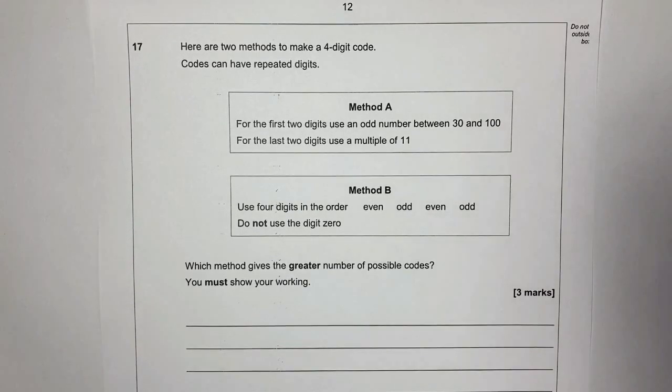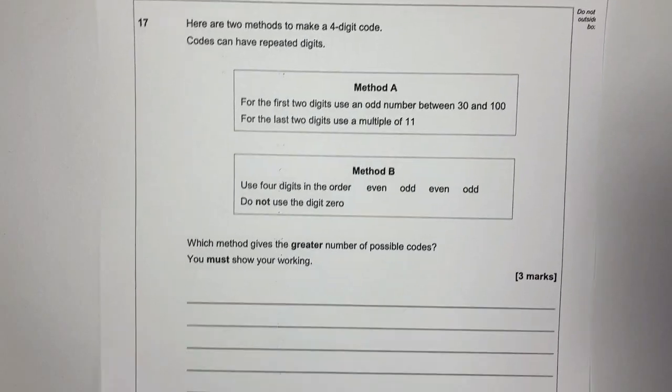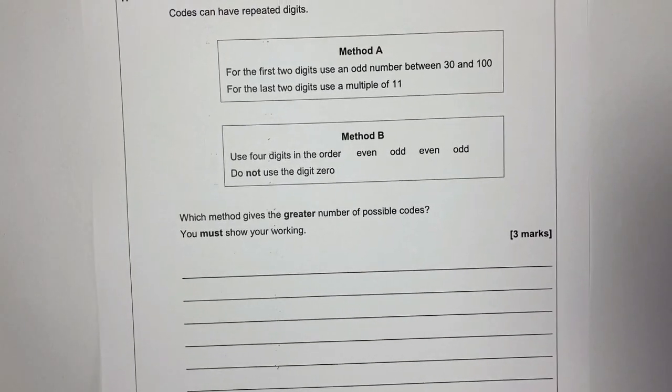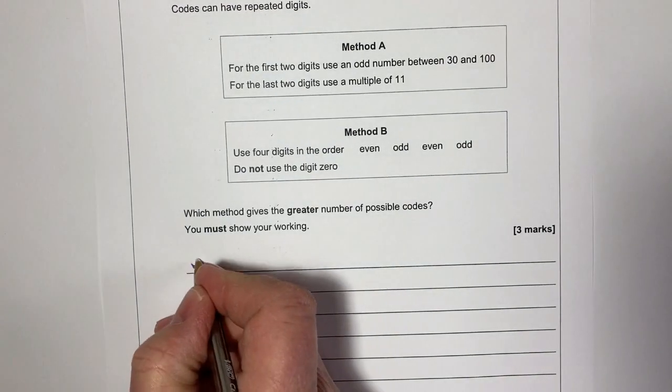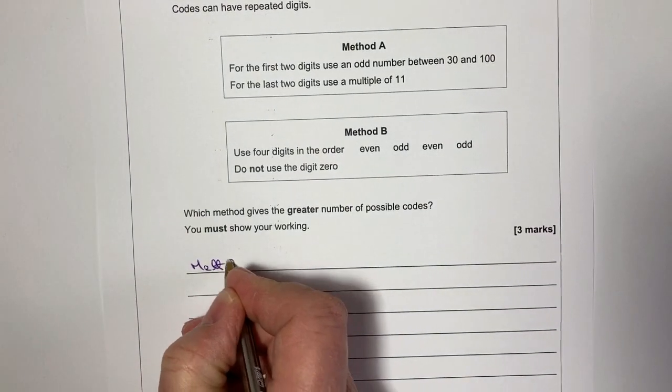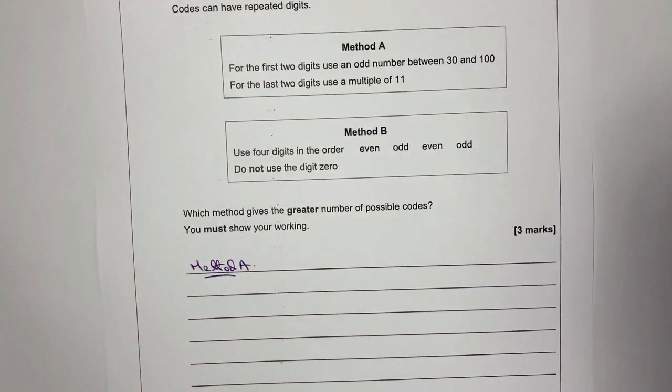So let's have a look at the number of odd numbers. I'm going to try to work through this relatively methodically. So method A. Now what we need to do is work out the number of odd numbers between 30 and 100.